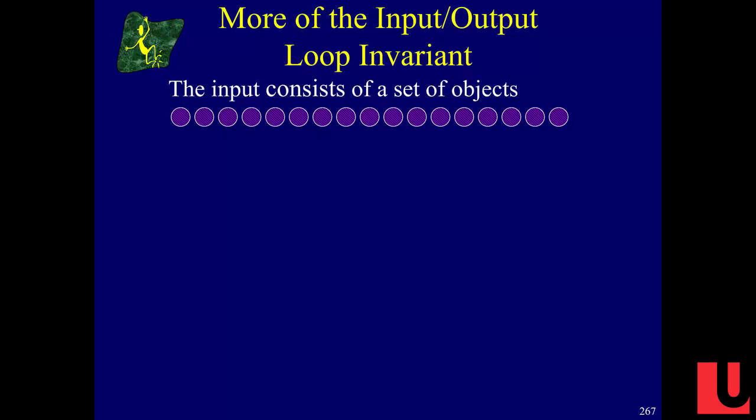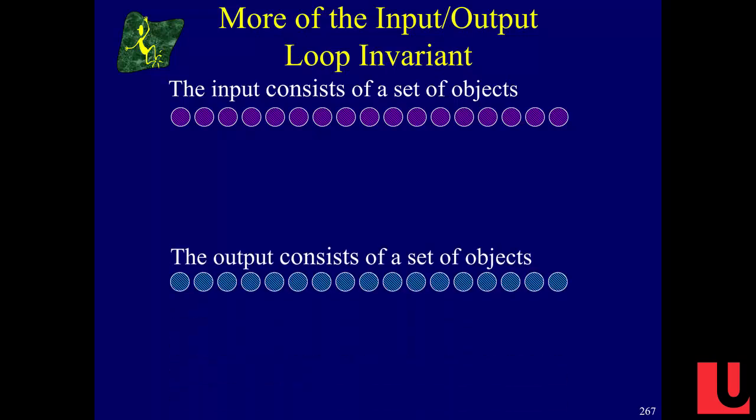So let's think about what it was. It said we have a bunch of inputs and we have a bunch of outputs. And I changed the word here to a set of inputs. From before I said it was an array of inputs, which implied an order. And here it's a set of inputs, so there's not necessarily an order on them. We can consider them in any order we want.